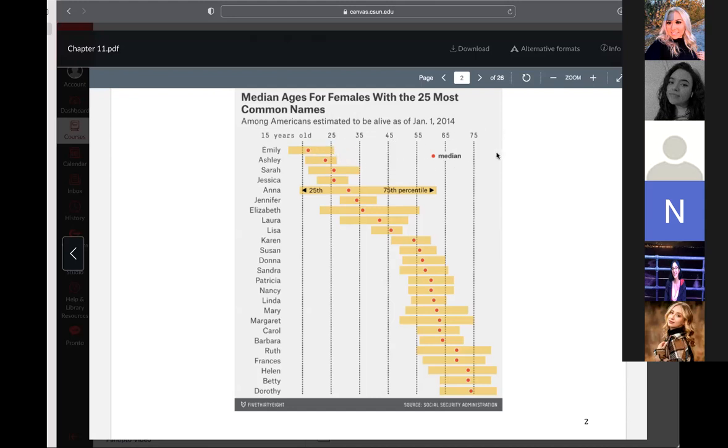Now, I don't know what the maximum is. They didn't give me that information, but 25% of Emilys are 26 or more. 25% are between 17 and 26. 25% are between, I don't know, 11 and 17. And then 25% are less than 11. Does that make sense, this idea of what the 25th percentile, the median, and the 75th percentile do in terms of separating the data points? You're essentially separating it into 4 equal pieces: the bottom 25%, the next 25%, the next 25%, and the top 25%.